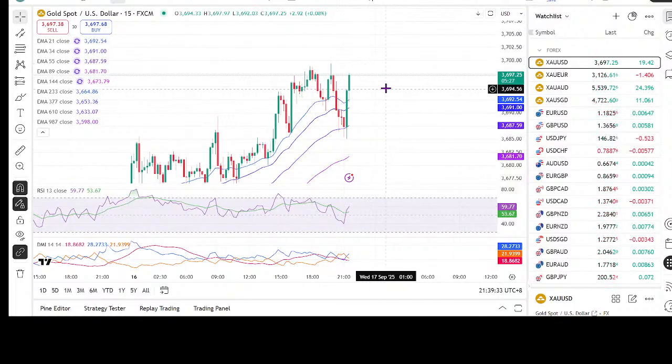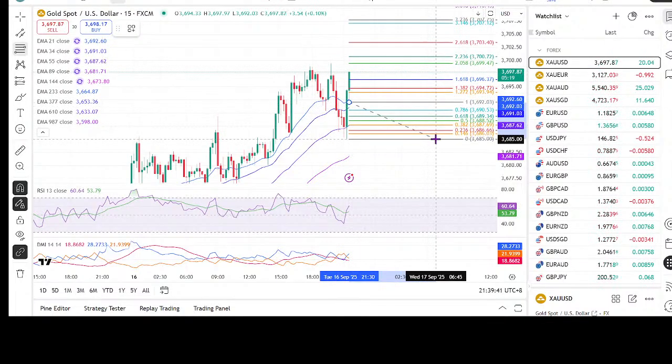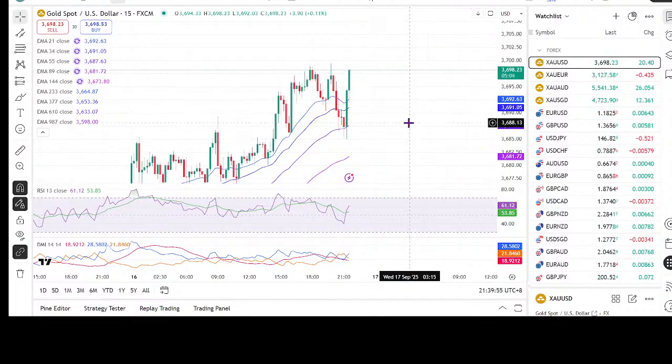So we have to watch closely, then we will see how we can get into this entry. Okay, about 95. 95 looks a good entry, but I'm not sure whether we would be getting it.